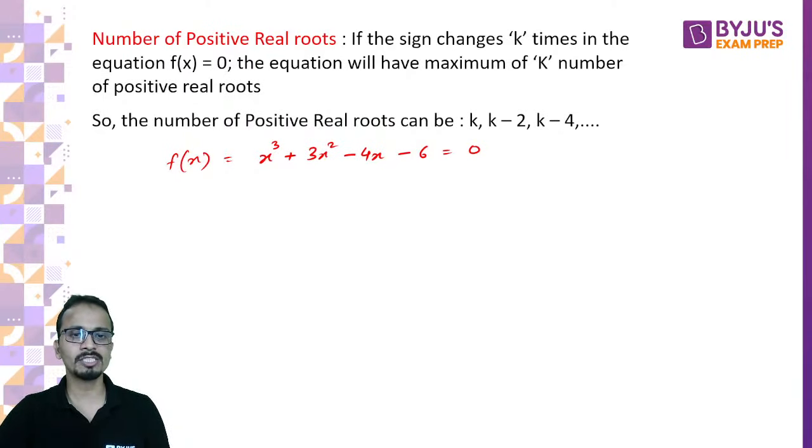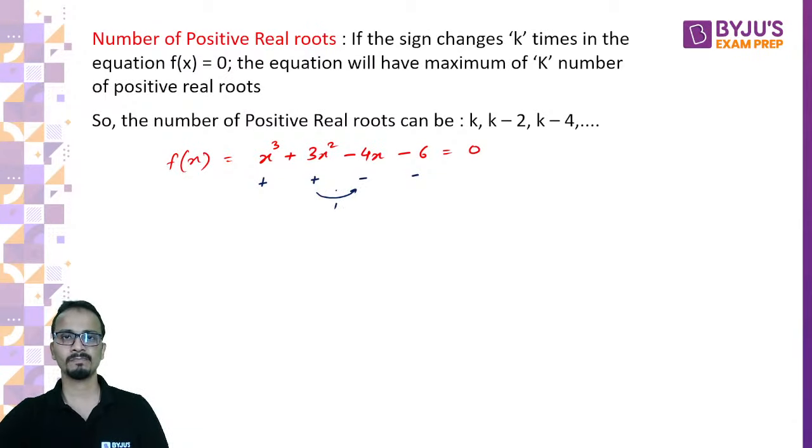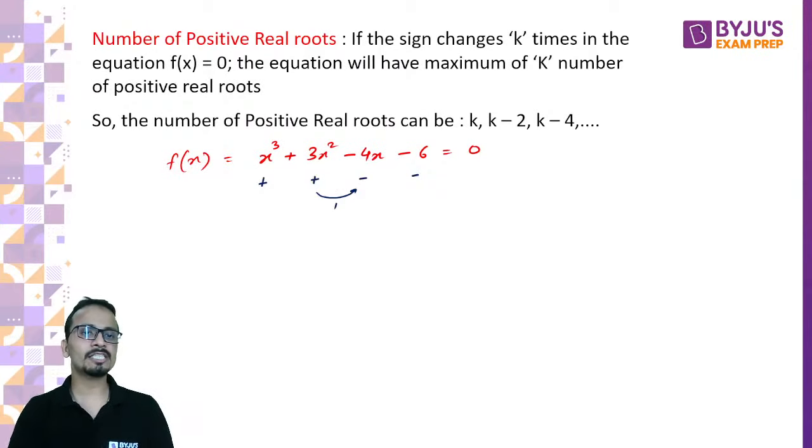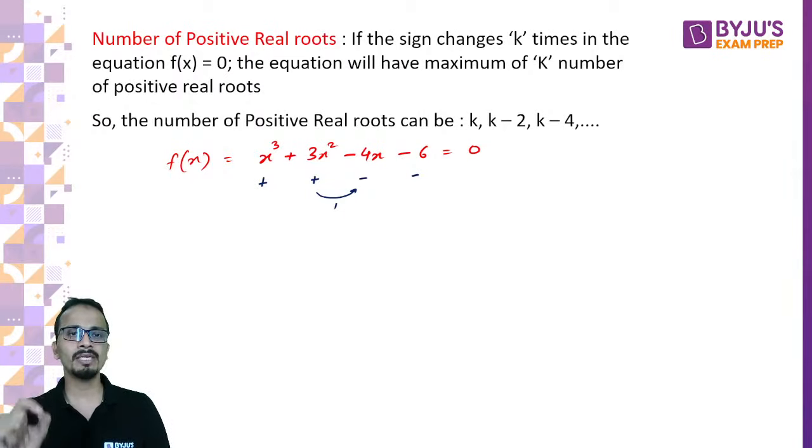How many times is the sign changing? For the first term, the sign is positive, the second term sign is positive, the third term sign is negative, and the fourth term sign is again negative. So the sign is changing only once in this case. The number of sign changes in the expression of f(x) will give you the maximum number of positive real roots.